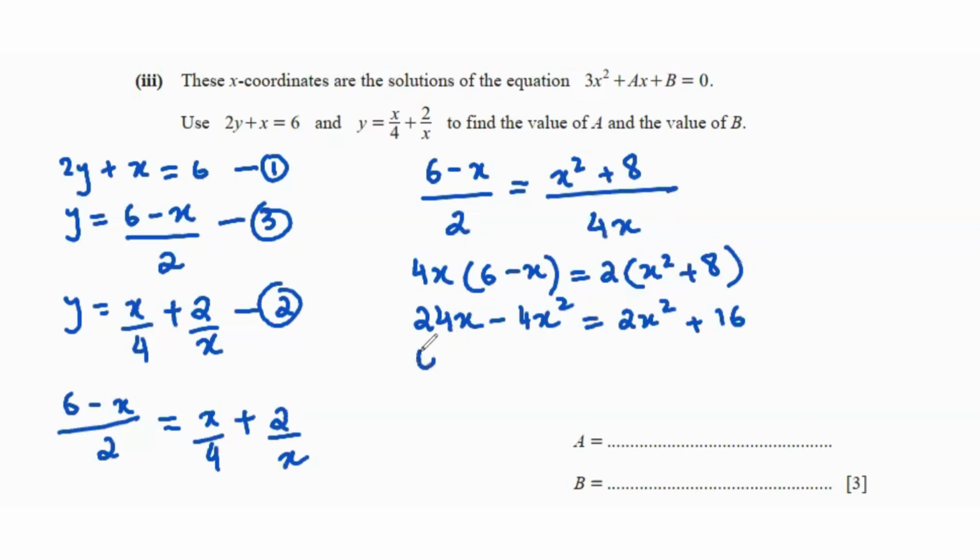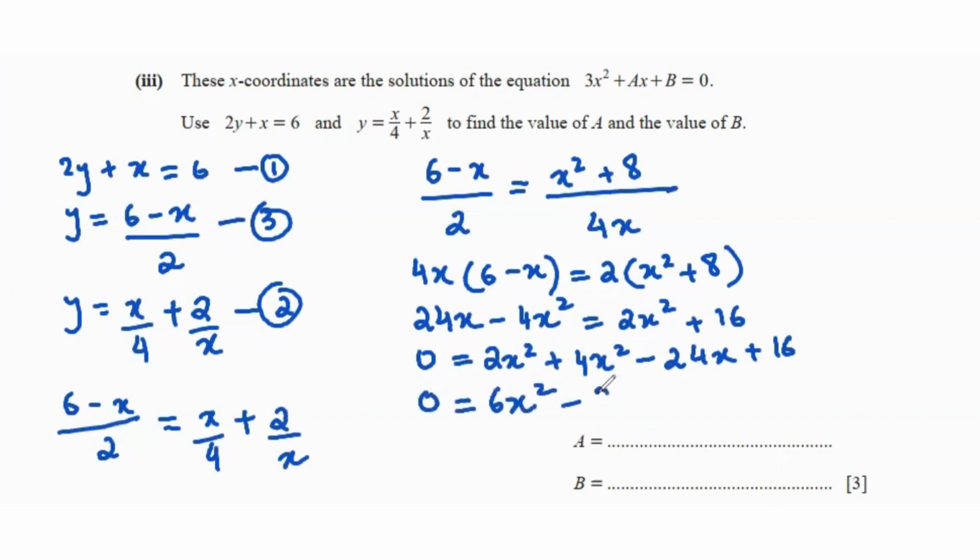Bring everything on one side, so 0 equals 2x squared plus 4x squared minus 24x plus 16. That's going to be 0 equals 6x squared minus 24x plus 16.